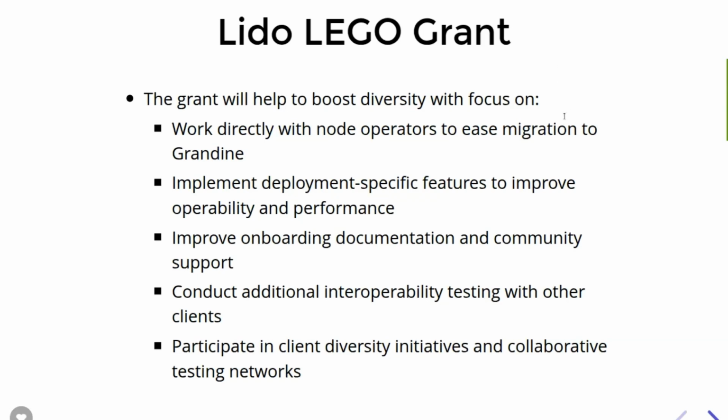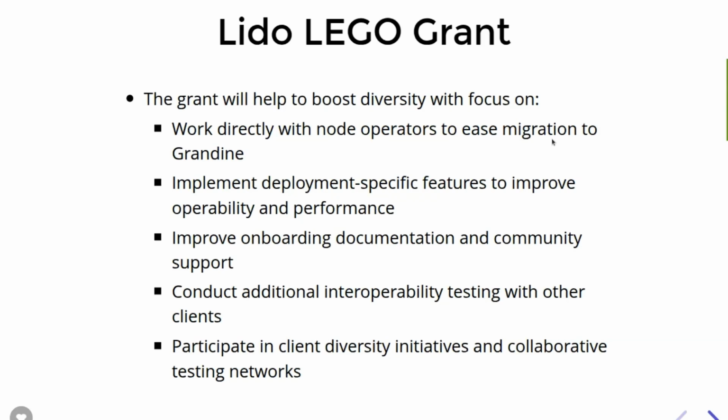So the exact steps that we are thinking about now that could help to achieve that is essentially working directly with node operators to support them and to ease the migration to Grandine. And if some operators are on this call, or you know some operators that would be interested in increasing client diversity, then let us know.